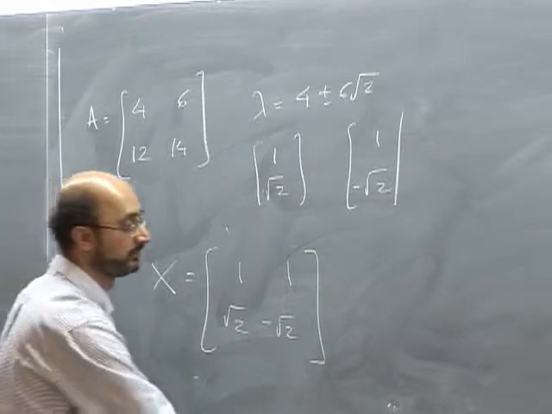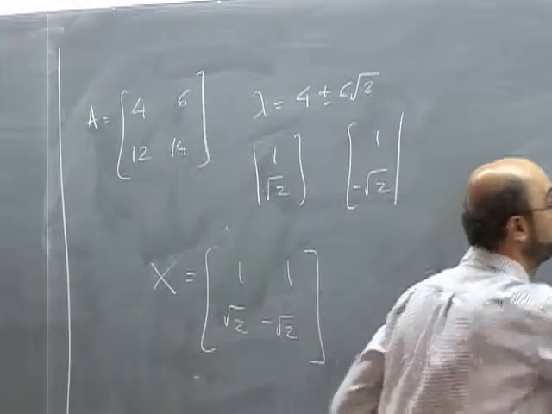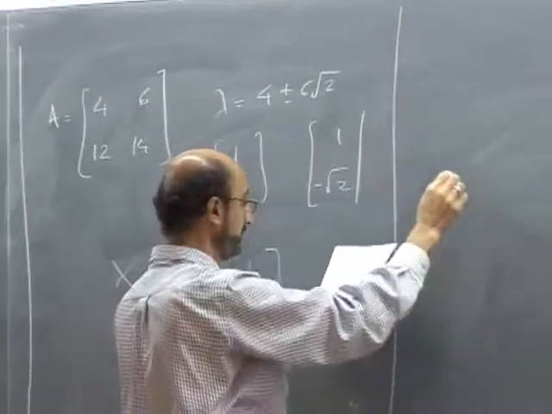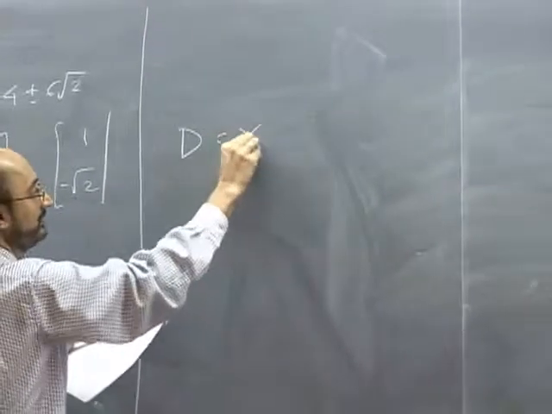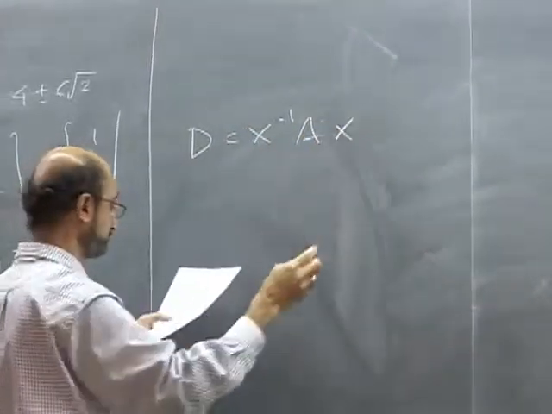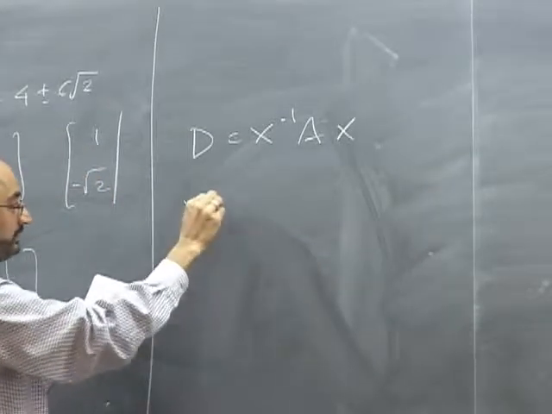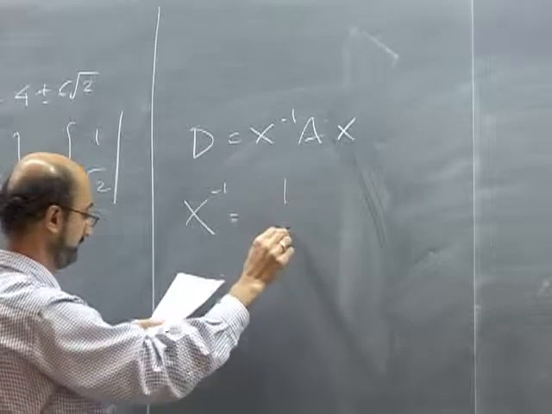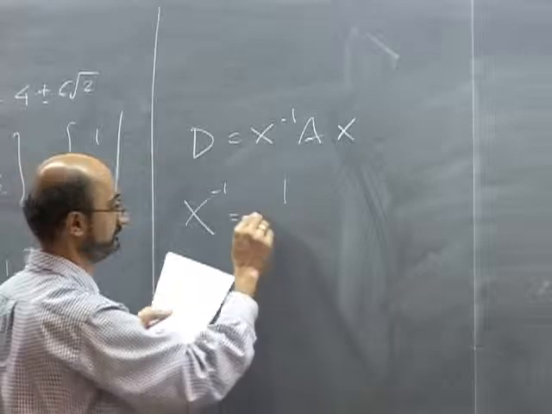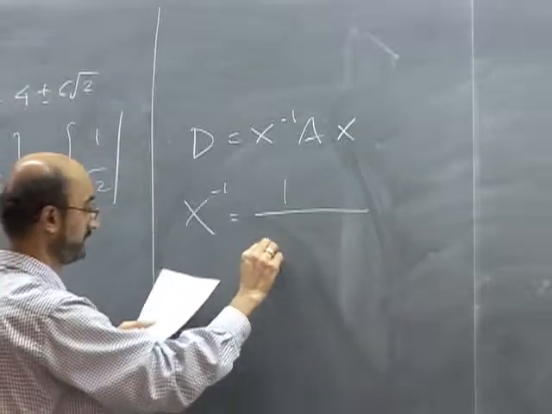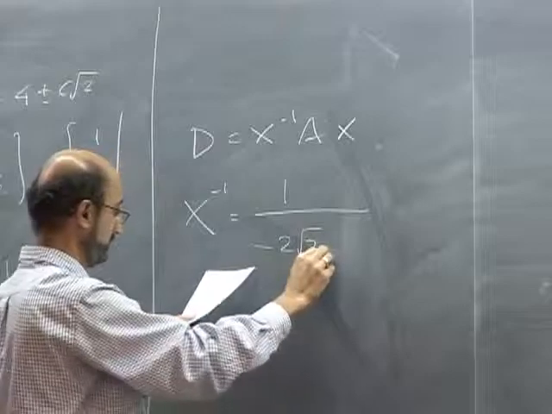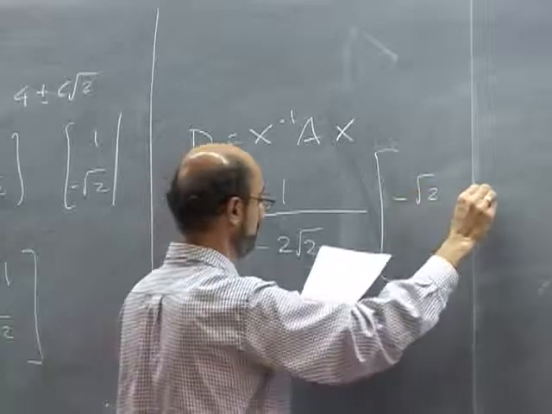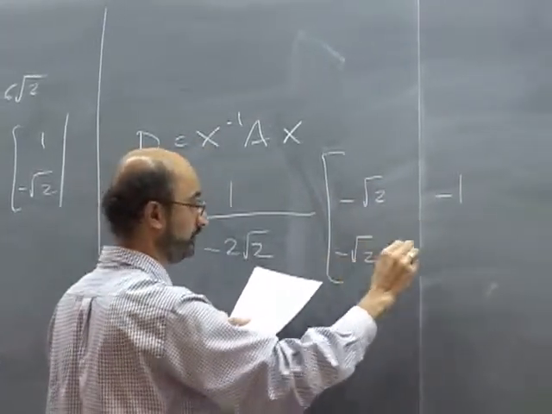Okay, so then let's compute the diagonal matrix D. So D is given by X inverse AX. And so X inverse, I'm just going to give you what it is. It's basically 1 over minus 2 square root 2, times minus square root 2, minus 1, minus square root 2, 1.